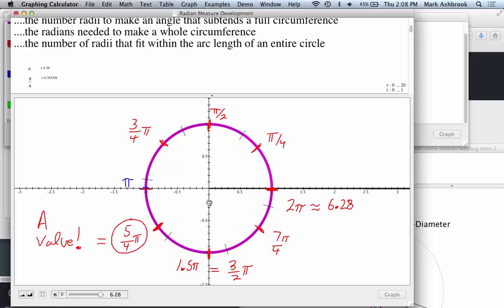So, Brian, you want to give it a try? What are we doing here? Hamid, what'd you say? 3.7. He wants 3.7. Why 3.7? Because it's close to 4. Close to 4. Yeah. So even though we're doing all these things with pi, we're still counting a number of radius lengths, right?